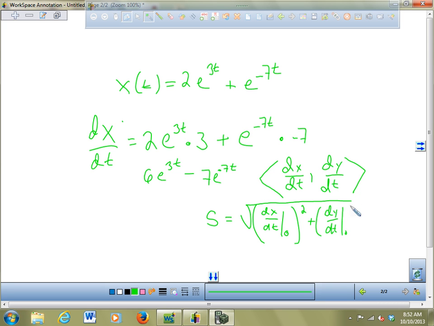And then you take the square root, okay? And that will give you the speed, because this gives you the velocity. So maybe x is doing this and y is doing that. So the speed is the square root of the sum of the squares of the velocity vector components, okay?